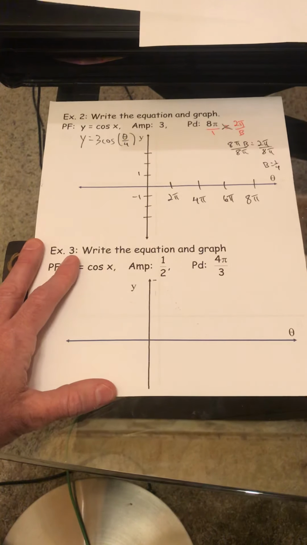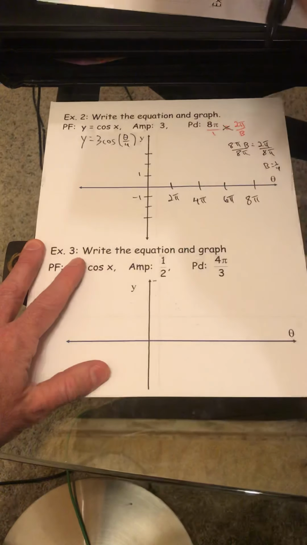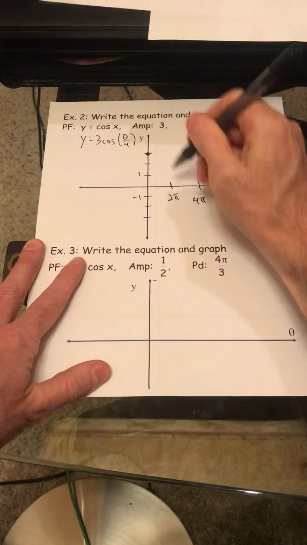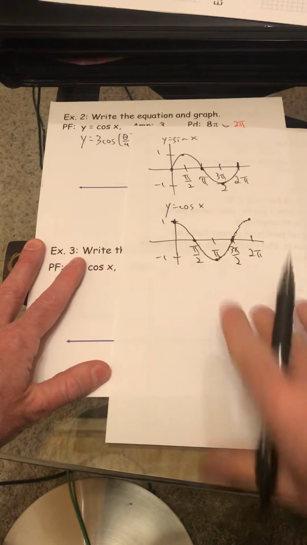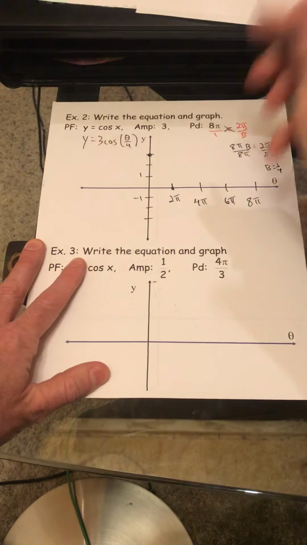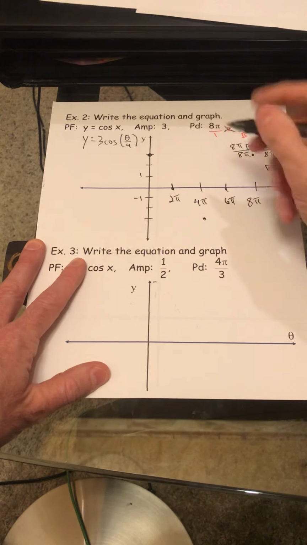Now, as far as graphing it, cosine starts at a max, goes to a 0, then a minimum, 0, and ends at a max.